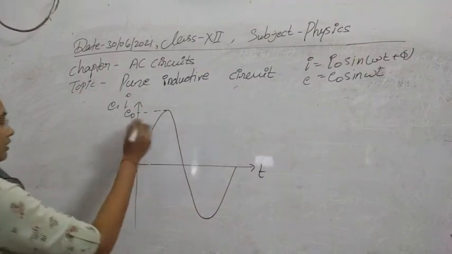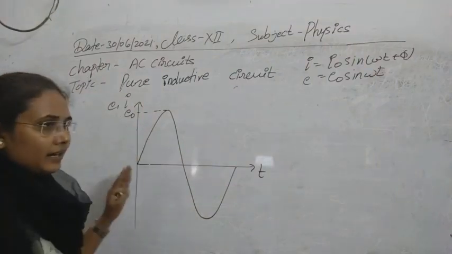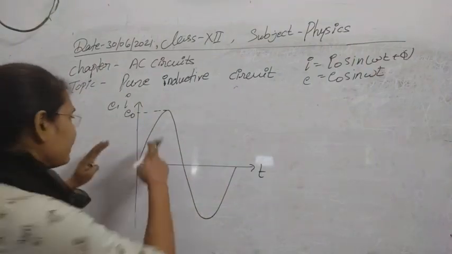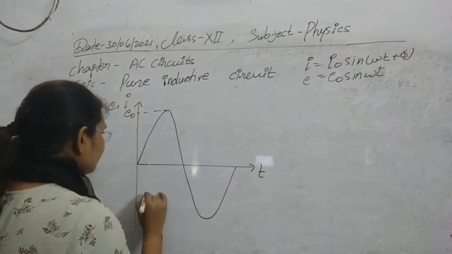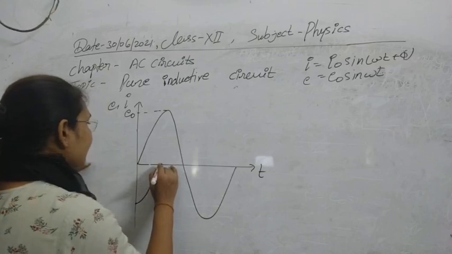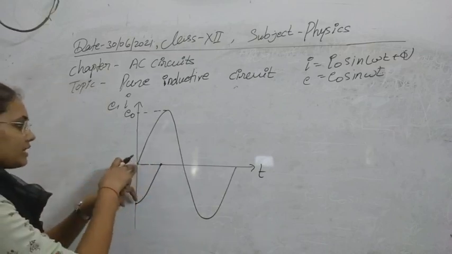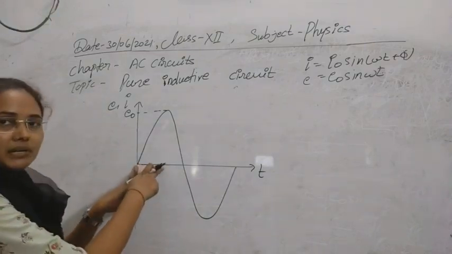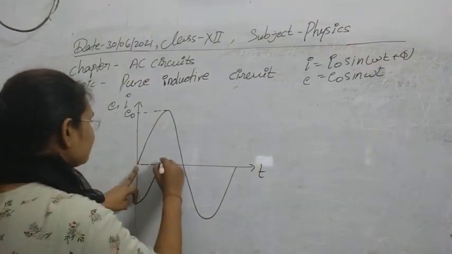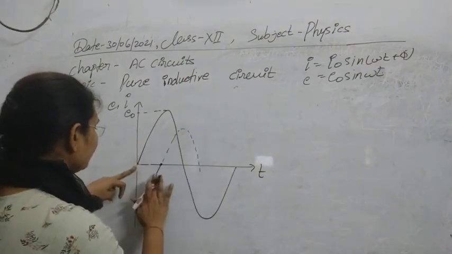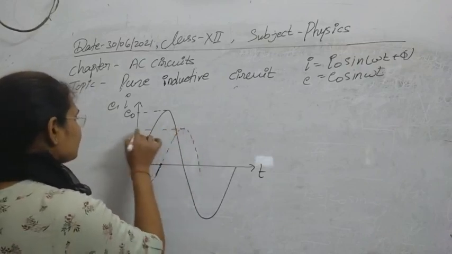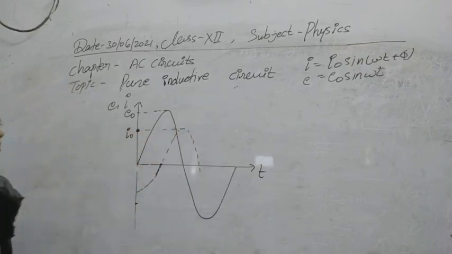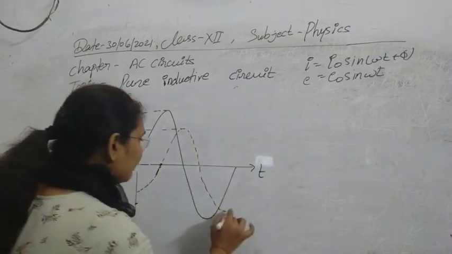Next, as current is lagging behind the voltage, the current will start sometime later than the voltage started. Such a graph we will get for the alternating current. This is the maximum value of current I0, and this is the graph for the alternating current.